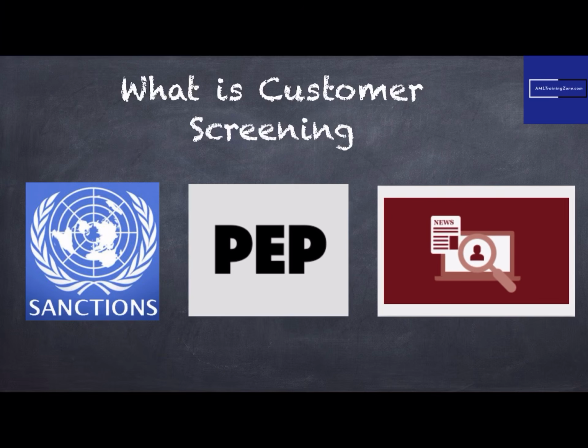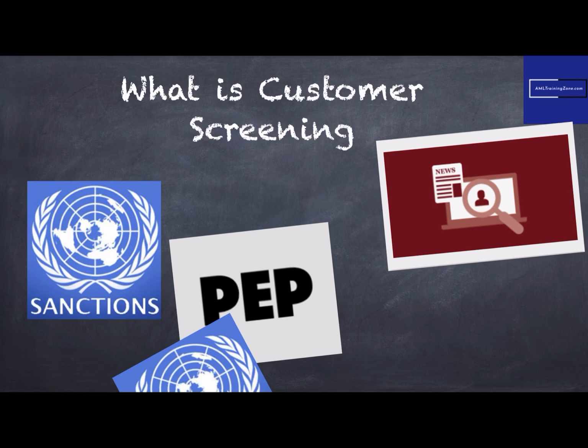Now let's understand the different attributes of customer screening. Given the value of customer screening, it's no surprise that financial institutions continue to invest heavily in their capability. However, every organization approaches it differently.